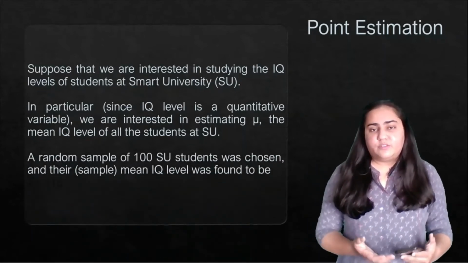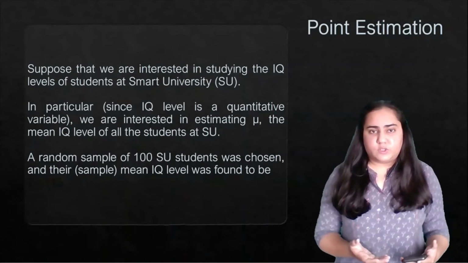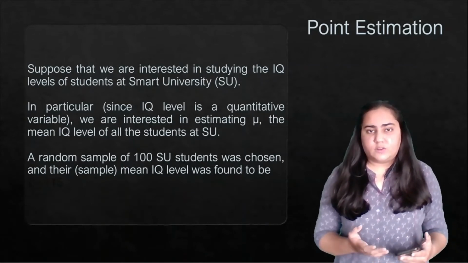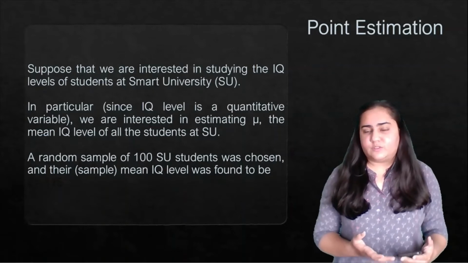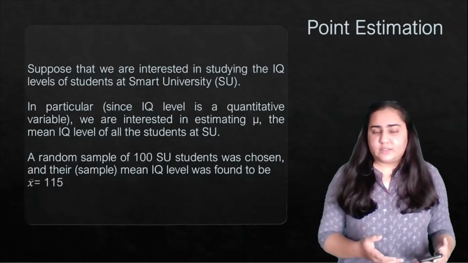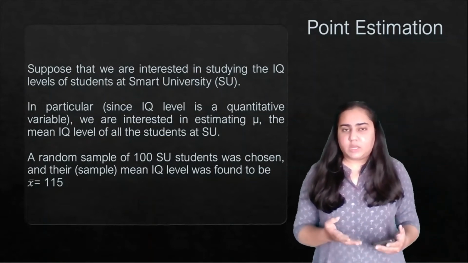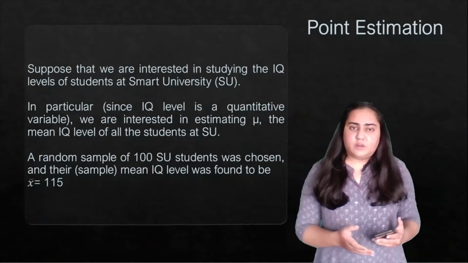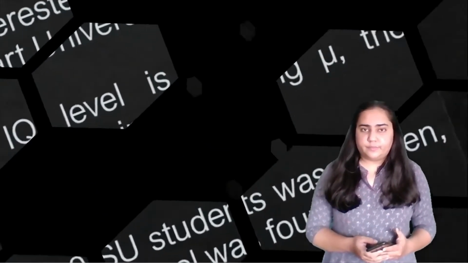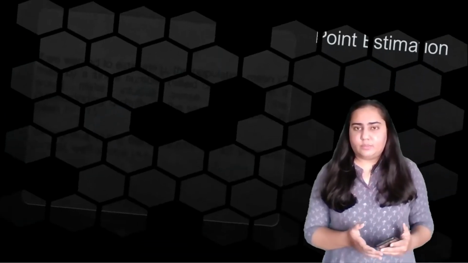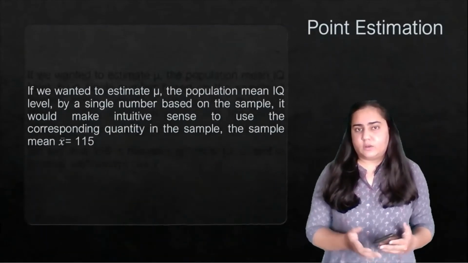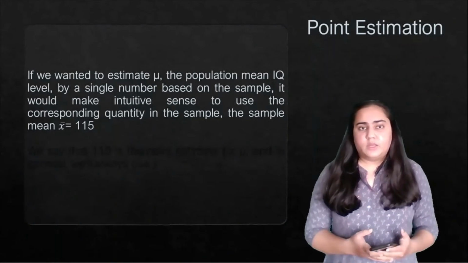A random sample of 100 students of this university was chosen, and their sample mean IQ level was found to be x bar equal to 115. This is the mean of 100 students. Because our sample is limited to 100 students, we cannot perform this on the entire student body.